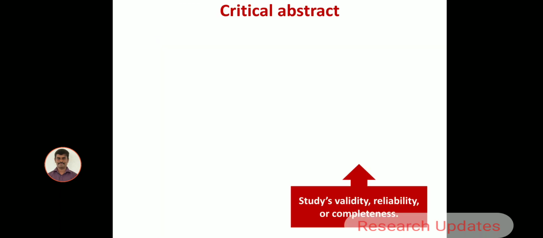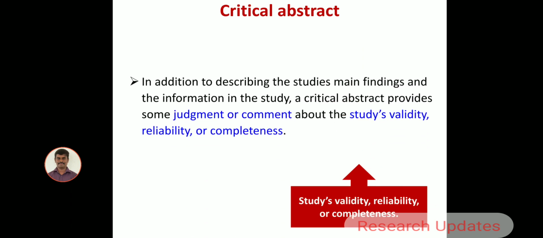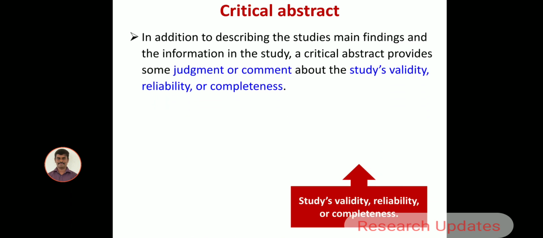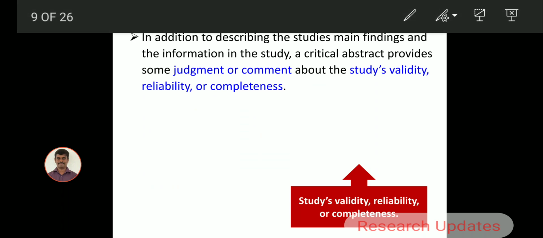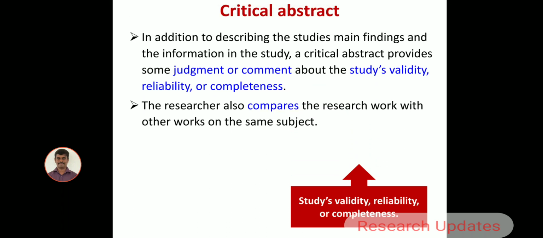And next we move on to the third type of abstract, which is called a critical abstract. What is a critical abstract? In addition to describing the study's main findings and the information, a critical abstract provides some judgment or comment about the study validity, reliability, and completeness.